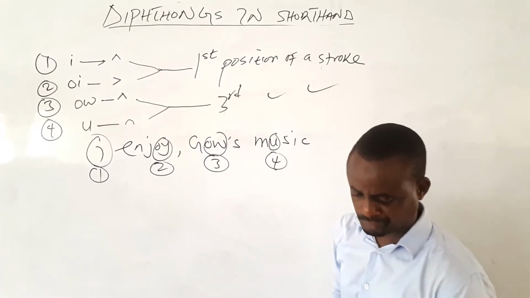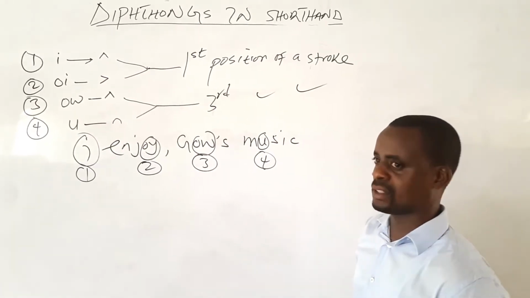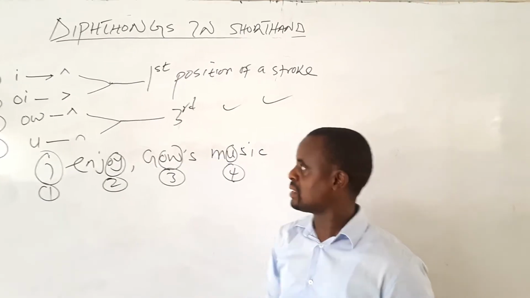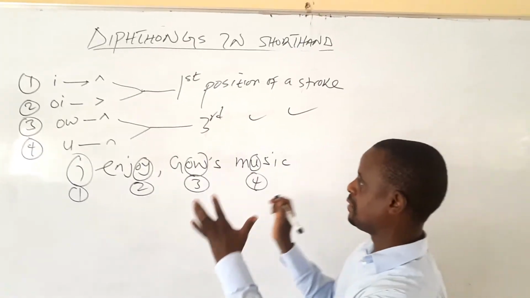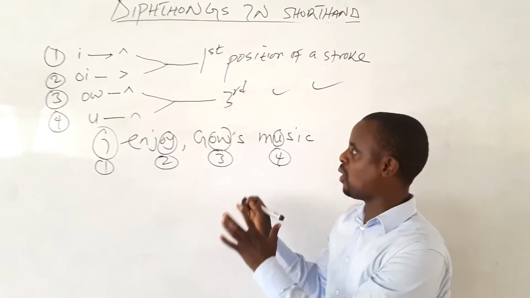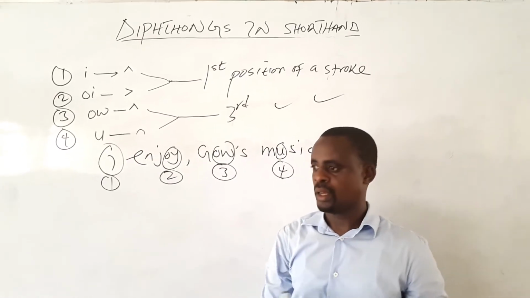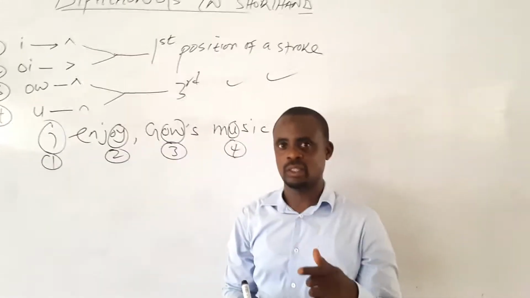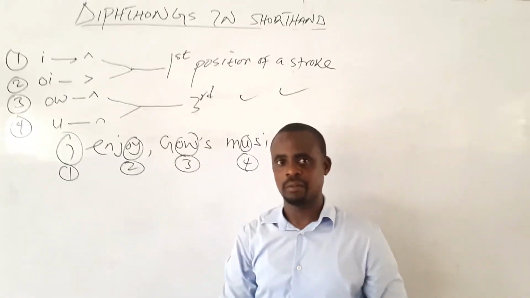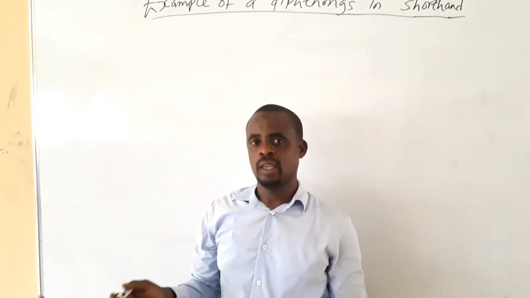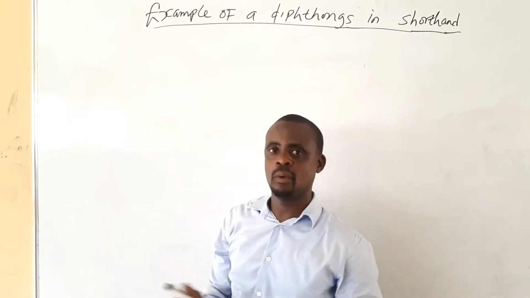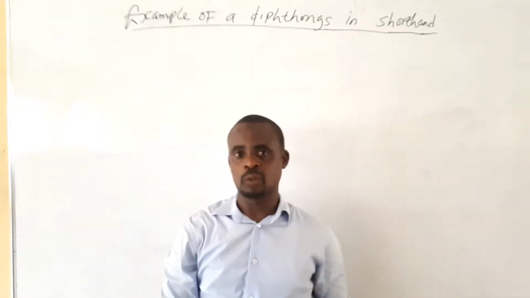Okay, now let us see the examples of diphthong I, OI, and OW, then U. So in the next video you can see the examples. Thank you. Okay, now let us see the examples of diphthongs in shorthand.